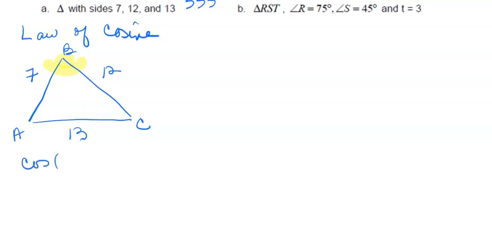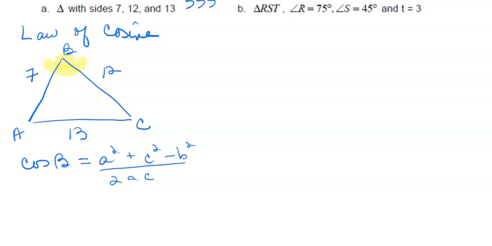The cosine of angle B is going to be a squared, and this matches my triangle. A squared plus C squared minus B squared over 2AC. Okay, that's your formula.